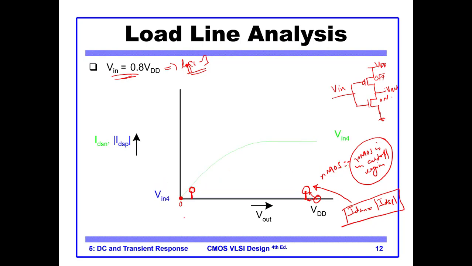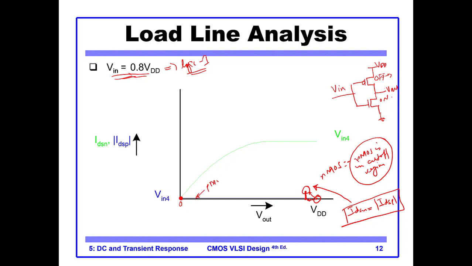What happens if the voltage is 80% of the VDD? Now PMOS goes into cutoff. You see this curve.